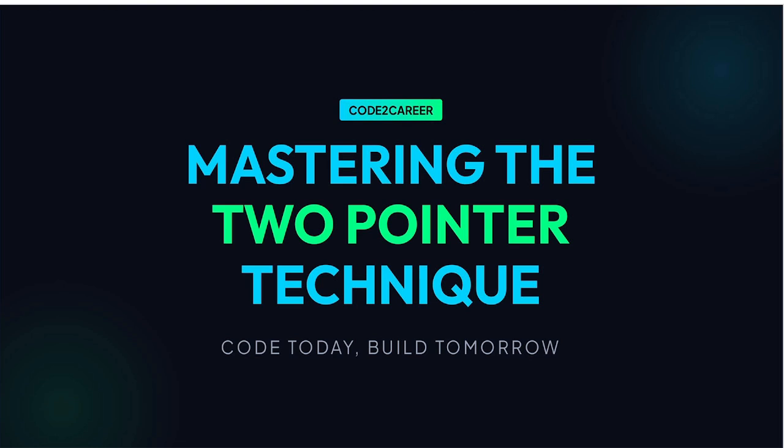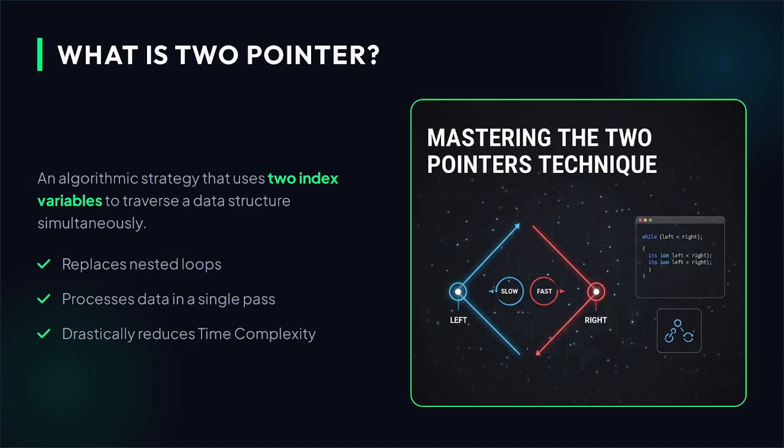Okay, so now what is a two pointer? First, let us understand what exactly the two-pointer approach is. The two-pointer approach is an optimization technique where we use two pointers, like two indexes, to solve the problem efficiently. Usually one pointer starts from the beginning and another pointer starts from the end.